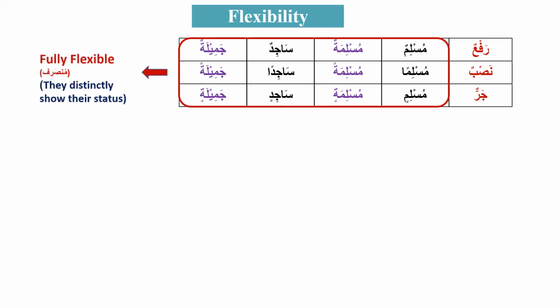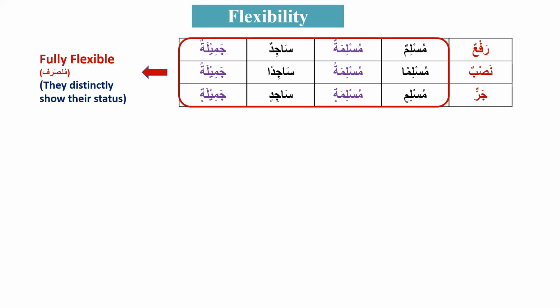These words, we have a term for them. We call them fully flexible. Okay, these types of words, they are called fully flexible. They have enough flexibility that they change from rafa to nasab and jar. So they show flexibility. If a word has flexibility in it, then it can change.